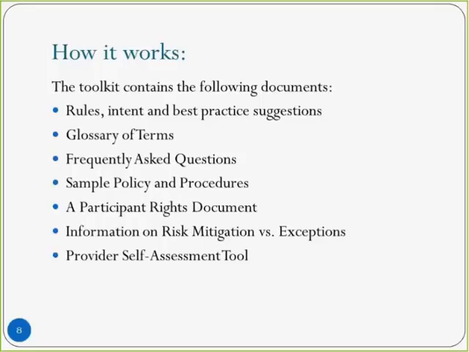We have the rules, the intent and best practice suggestions, a glossary of terms, frequently asked questions, a sample policies and procedures for certified family home providers, a participant's rights document, information on risk mitigation versus exceptions, and our provider self-assessment tool.